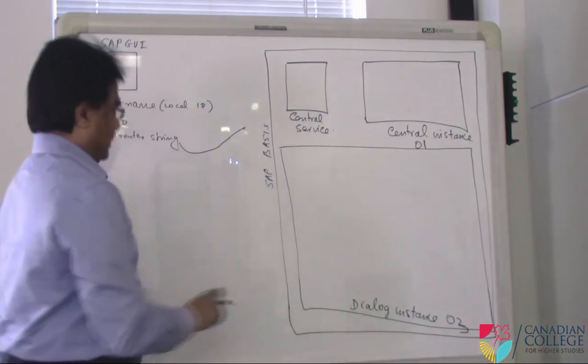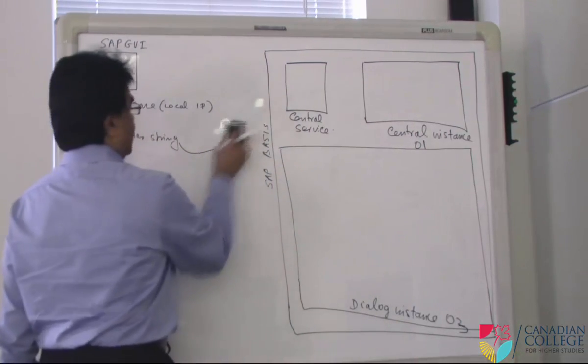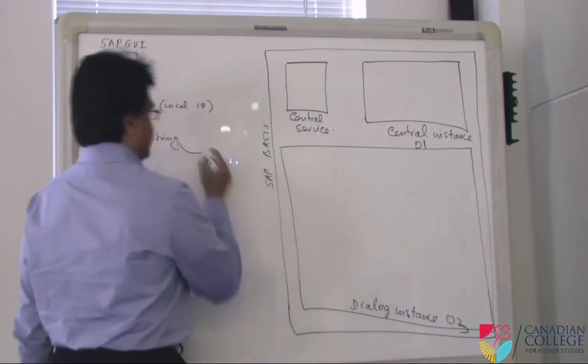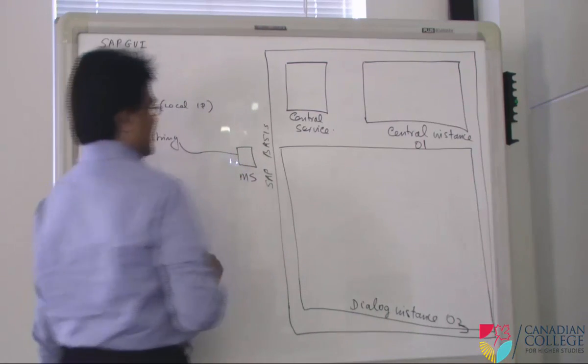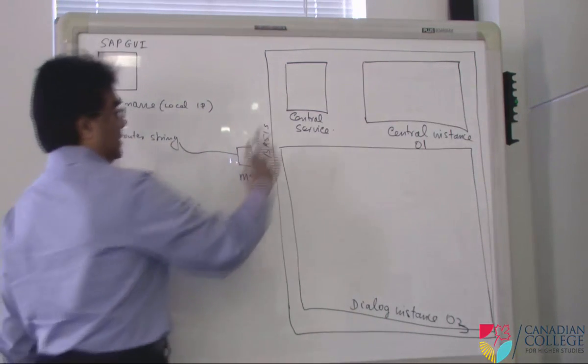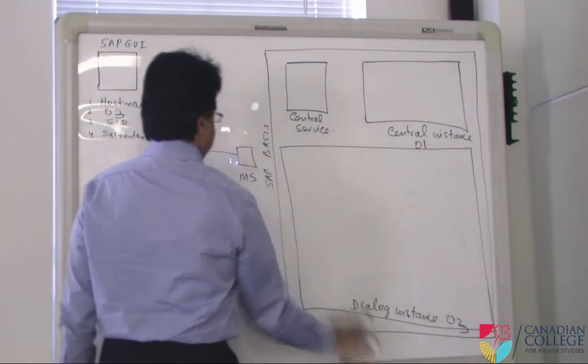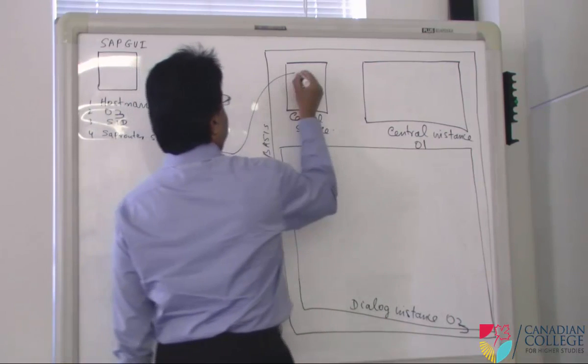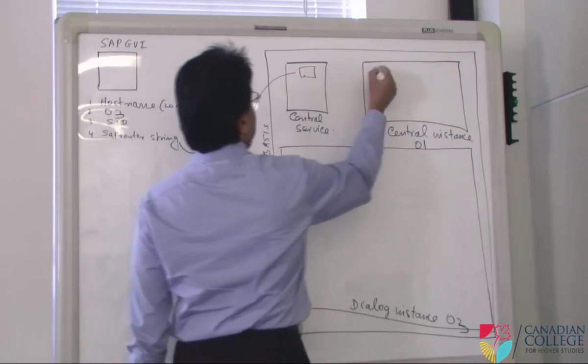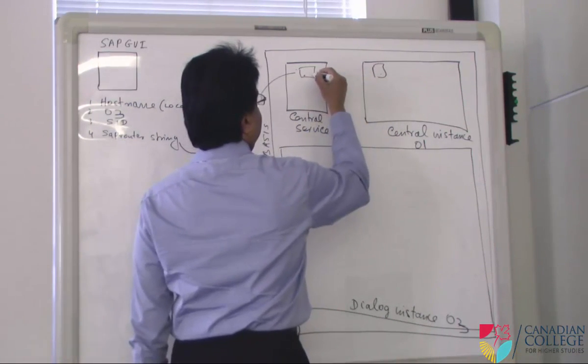So my request will go first to the message service. I already told you about message service. That is part of the central instance. There's a message service here also. Okay. So from there it will direct me.